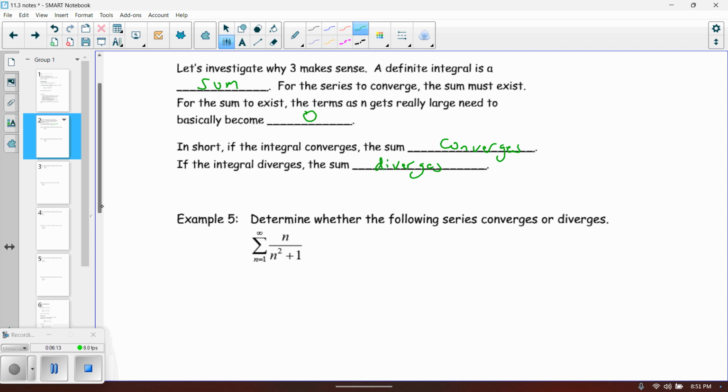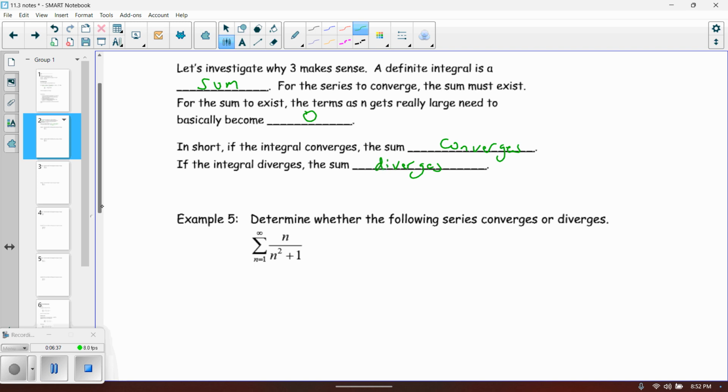So let's look at the integral test. I won't say it's pretty easy to see, but it is something you should be able to recognize, that you can take the antiderivative of easily.